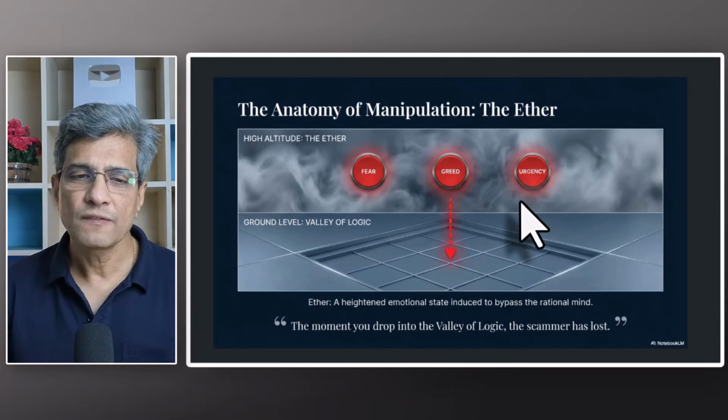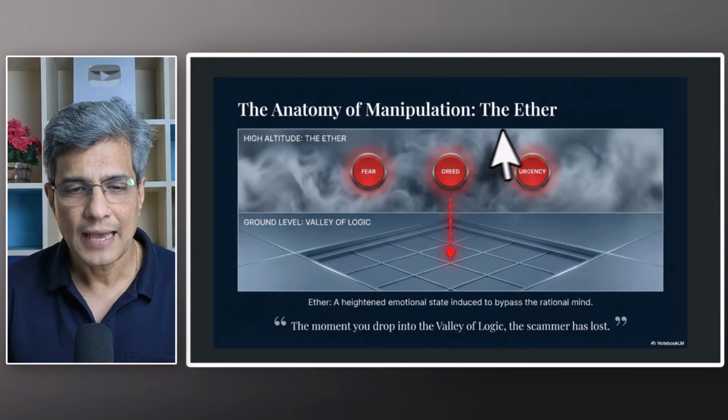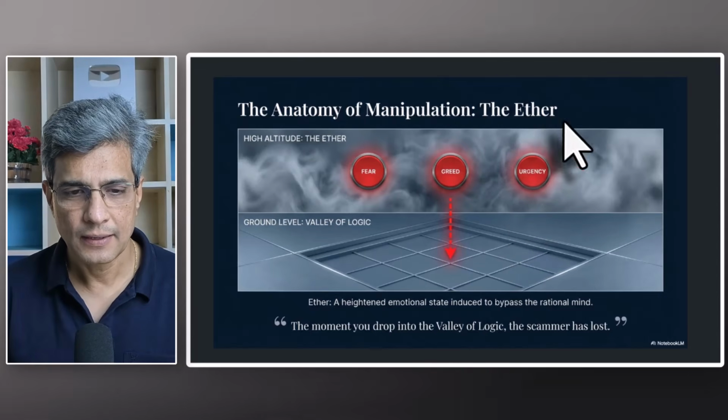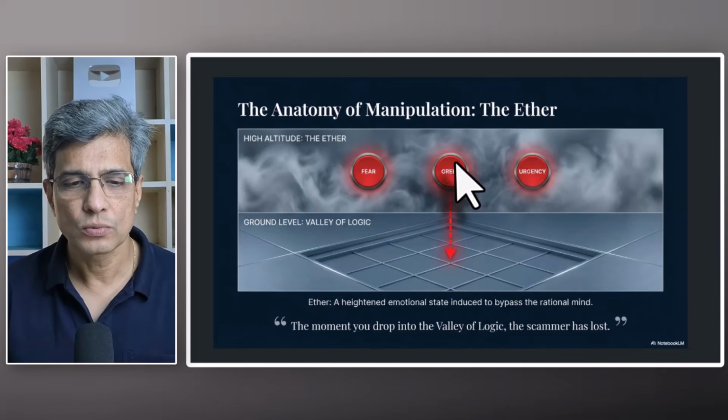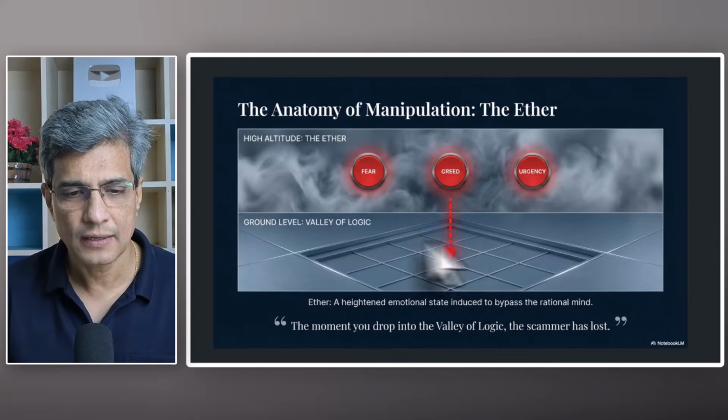This graphic is not very clear. It says the anatomy of manipulation, the ether, and it says that these are the three factors that contribute to the high emotional state, and the one here is the value of logic. I want this to be a lot clearer.